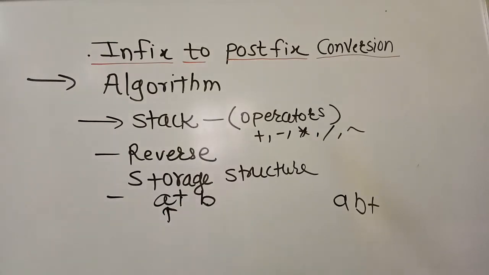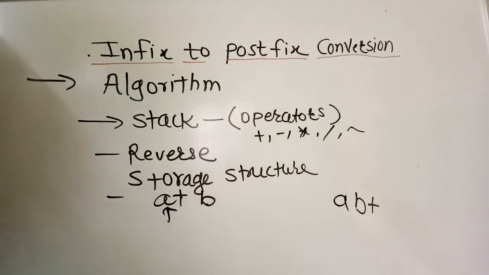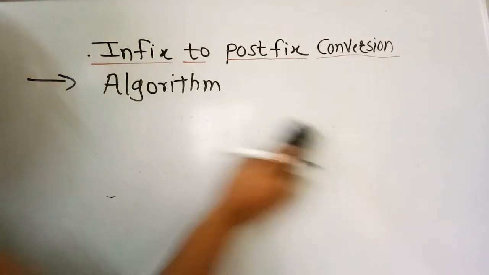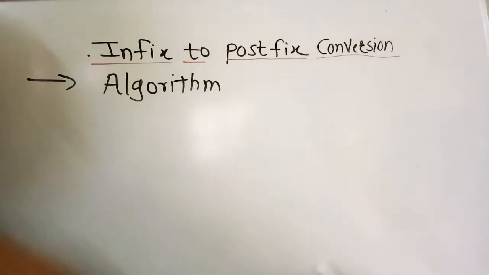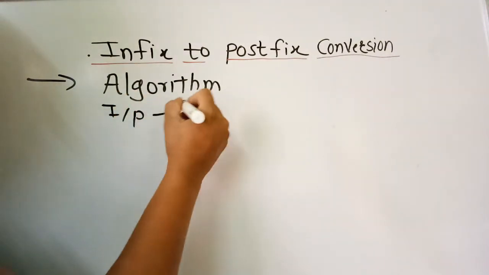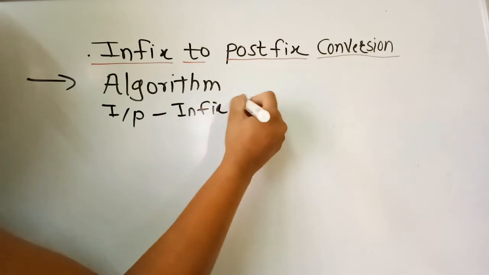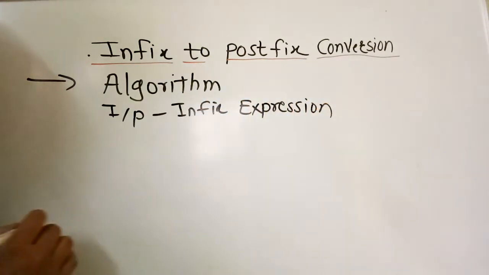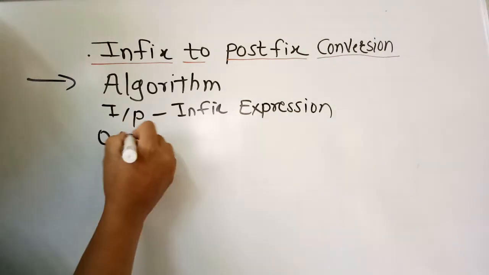Now we will see in detail the different terms of that algorithm. For the conversion from infix to postfix, the input would be the infix expression. Then what is the output?